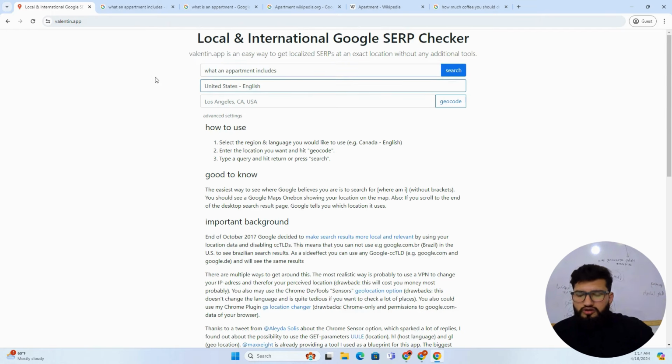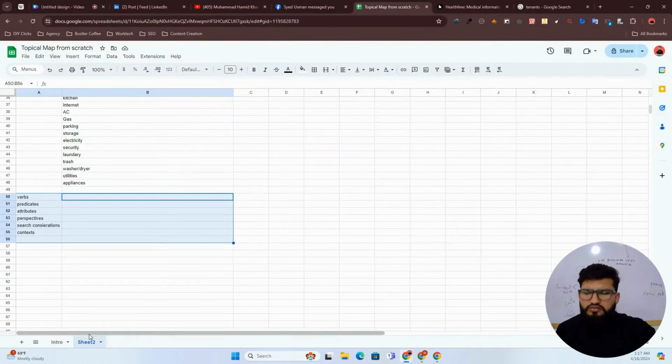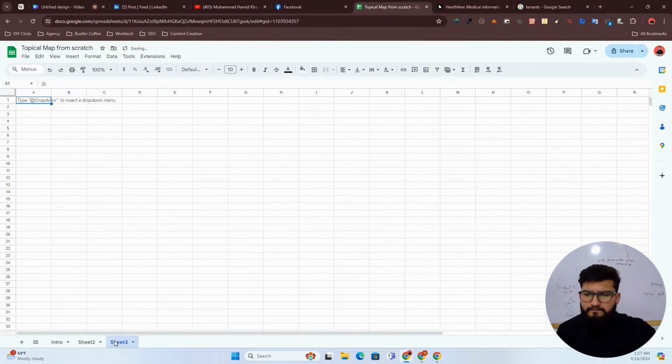So first of all, research sources. And this is just about searching these, not all research sources of a topical map. First of all, one could be search suggestions.